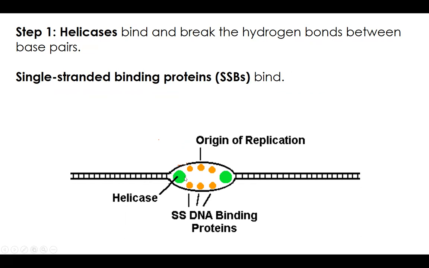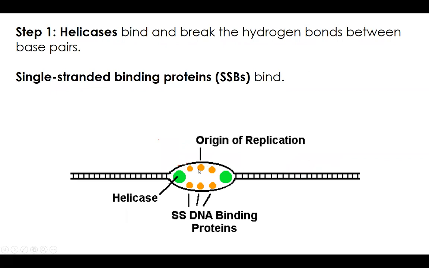So we move our helicase to open up these strands, and that's going to be important because we'll be using each strand as a template. So we have to have these open. The single-stranded binding proteins act just to hold this replication fork open until we get the replication done, because if we open this up, they're going to want to snap back together if they don't have any reason to stay open.